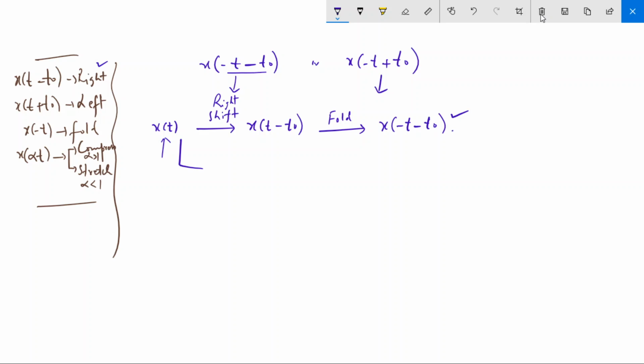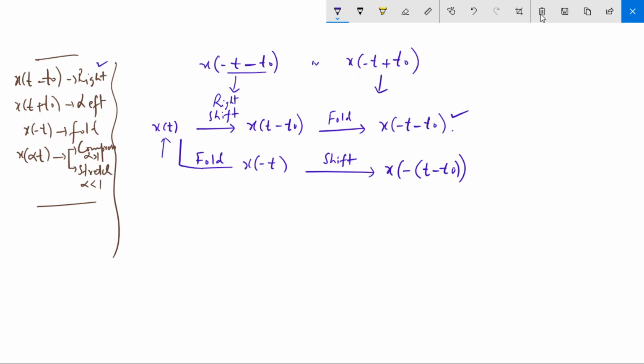Otherwise, if you start from the folding first, in place of shifting the signal, if I just fold it first, you will get x of minus t, and then you shift it. Okay, if I shift this signal to the right by t naught, what will I get? x of minus. Now see, in the shifting operation, t will become t minus t naught, and this minus sign will be multiplied with t as well as minus t naught.